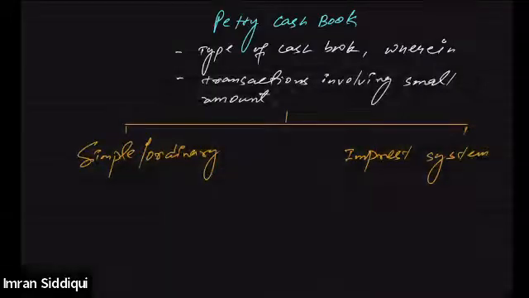Under the simple or ordinary system, the head cashier gives a certain amount of money to the petty cashier, and the petty cashier uses this fund to manage all small transactions.